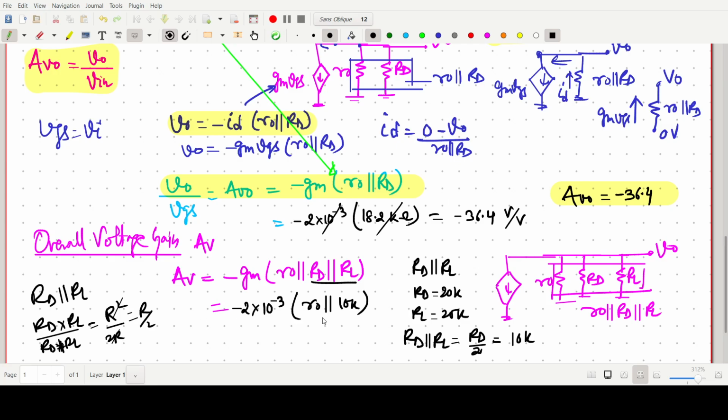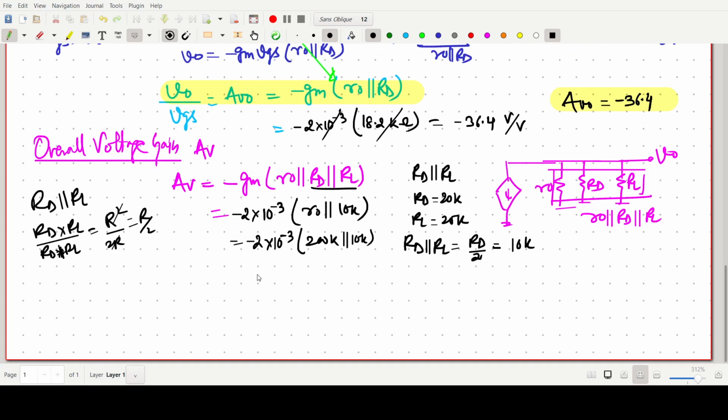Very simple. So now R naught is 200k. So minus 2 into 10 to the power minus 3, R naught is 200k parallel with 10k. Now we have to solve this one. So 200 parallel with 10 is 200 into 10 by 200 plus 10.